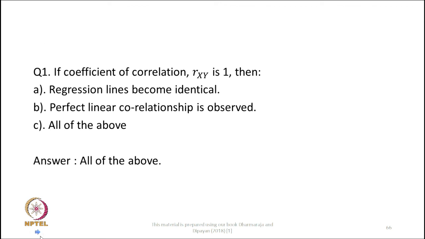So, the correct answer is C, all of the above. That means if the coefficient of correlation is 1, then the regression lines become identical as well as perfect linear correlationship is observed.